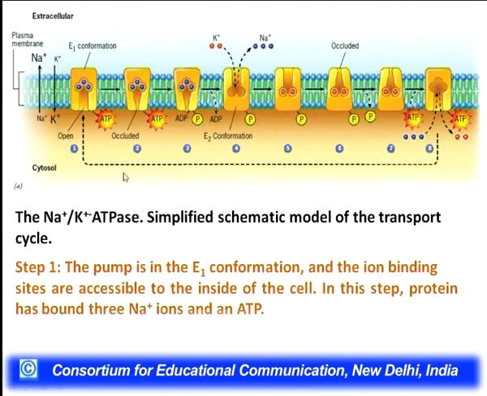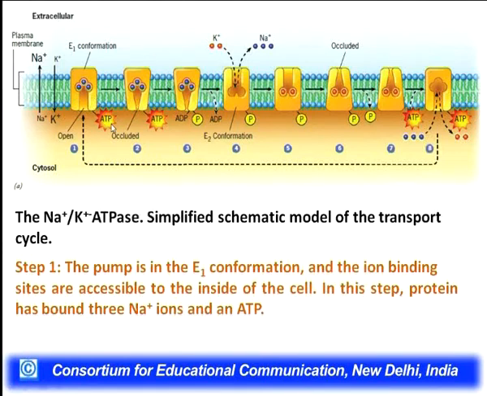This is the cytosol, and in this particular conformation, the face towards the cytosol side is open, however the face towards the outside is closed. So step 1 is that the pump is in the E1 conformation and the ion binding sites are accessible towards the inside of the cell. In this step, the protein has bound 3 sodium ions and an ATP molecule.